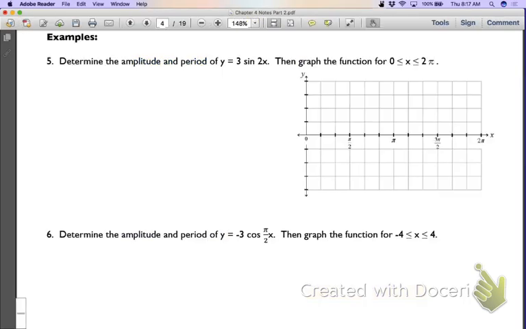So it says determine the amplitude and the period length and how that's going to change, and then we will graph our function. First thing is we've got to look at what our a value is. If A is 3, then our amplitude is still positive 3.